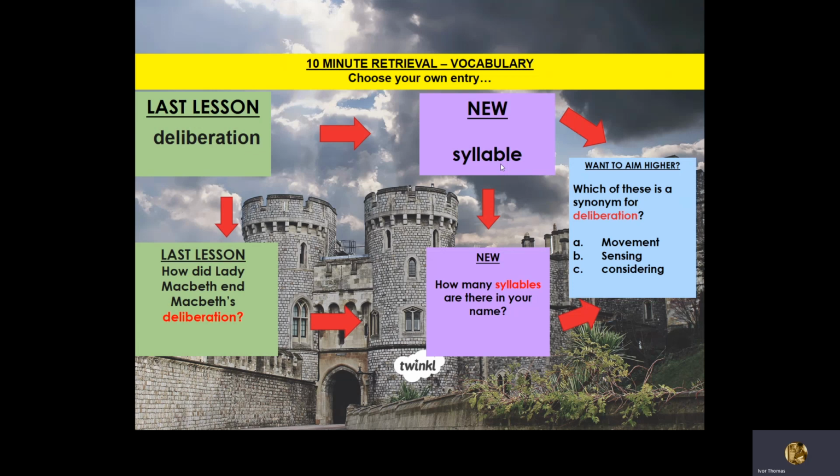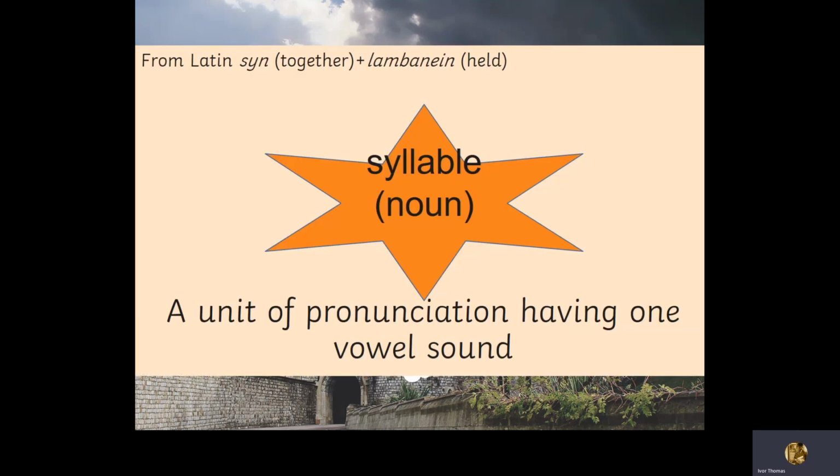And your word for today is syllable. It's a unit of pronunciation having one vowel sound. Iambic pentameter, which I'm about to teach you, is a way of writing which includes 5 stressed syllables in each line.